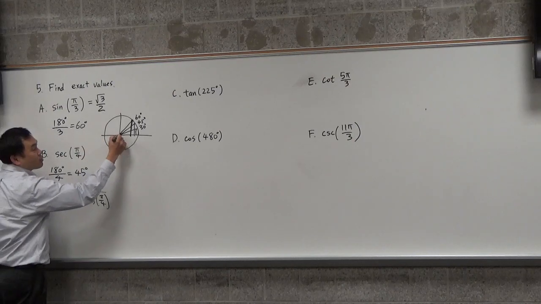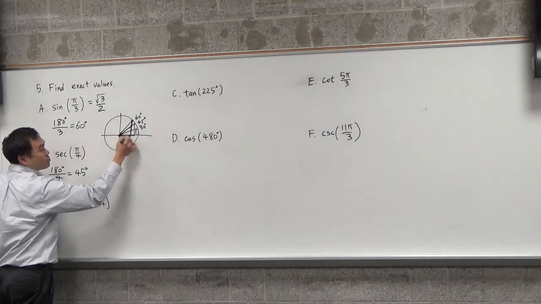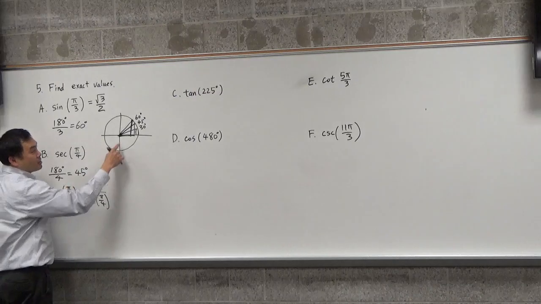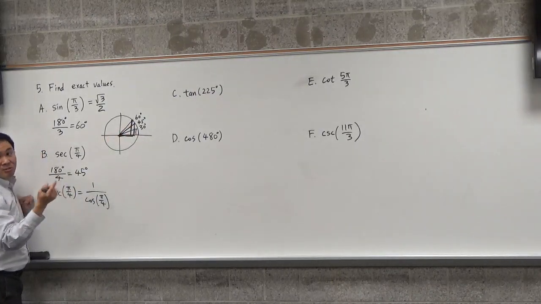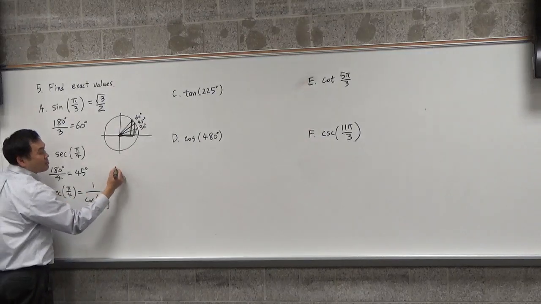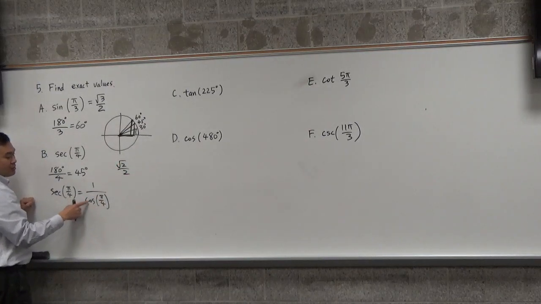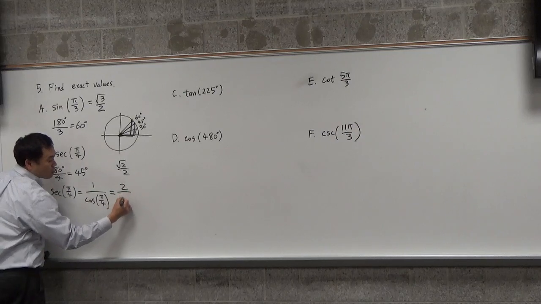Okay, so looking at the 45 degrees, what's the cosine length? Small, medium, or large? Medium, right? If the two sides have the same length, that means it's a medium size, and the medium size is square root of 2 over 2. So that's the cosine value, and since you're taking the reciprocal, you have to flip upside down, so you get 2 over square root of 2.